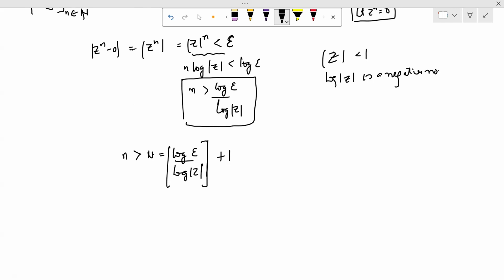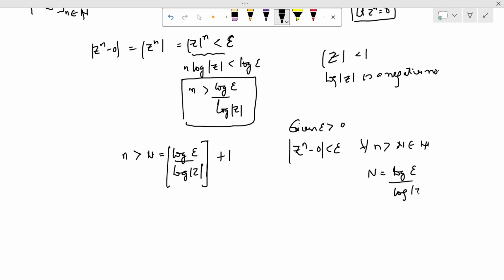Then it implies that modulus of Zn minus 0 is less than epsilon. So I can write that given epsilon greater than 0, modulus of Zn minus 0 can be made less than epsilon for all n greater than capital N belonging to the natural numbers, where capital N is equal to the integer part of log epsilon divided by log modulus of Z, plus 1. So it implies that limit Zn is equal to 0. So clearly this Z raised to power n is a null sequence.